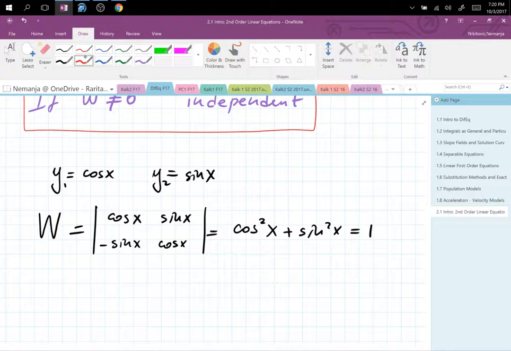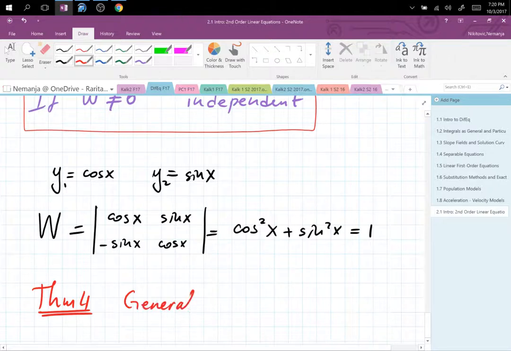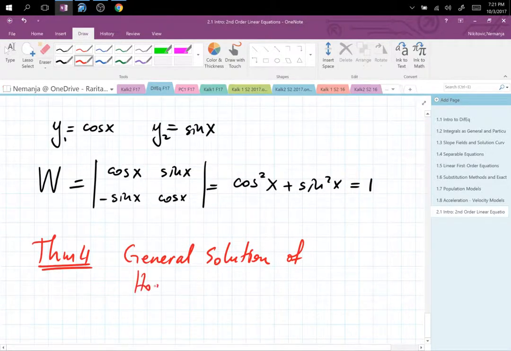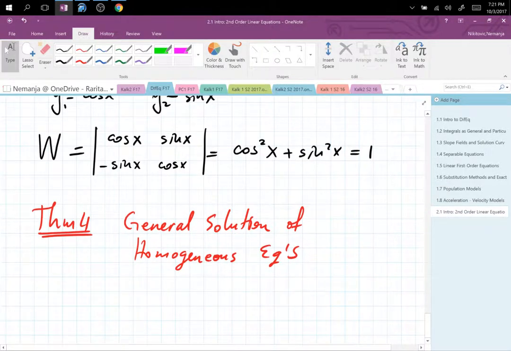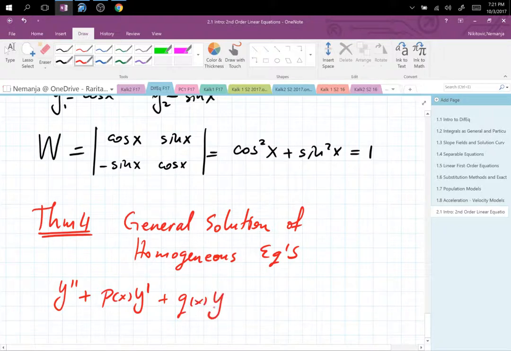So Theorem 4, before you run out. General solution of homogeneous equations: we have y double prime plus p of x y prime plus q of x y equals 0.